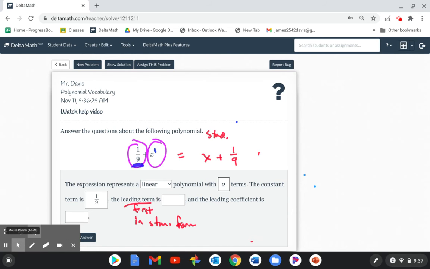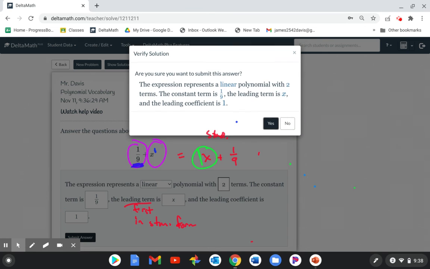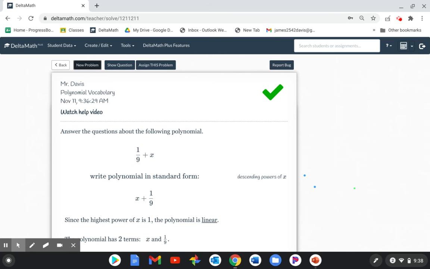So the leading term would be just x. And the leading coefficient is going to be whatever number is attached to the leading term. This one is not 0 because there is a number with the x that is not 0. If it was 0x, then it just wouldn't be there. There is that invisible 1 we have to worry about there. So the leading coefficient is actually 1. So lots of terms you need to be familiar with in terms of polynomials.